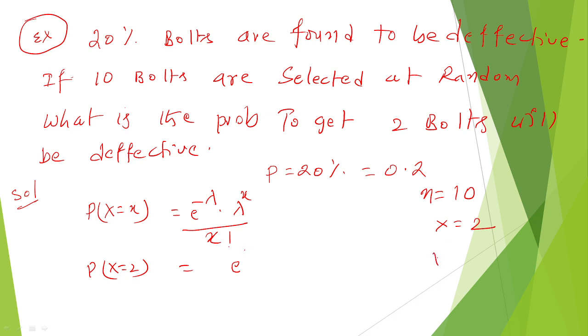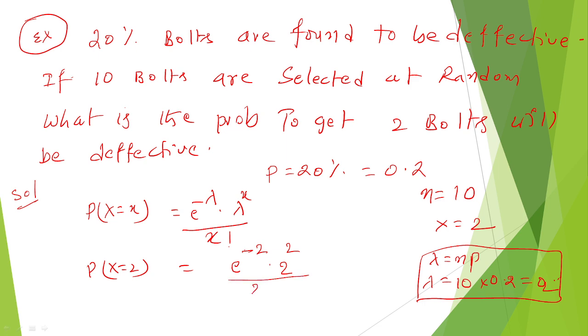Lambda is how much? Lambda is a constant, that is n into p. Out of 10 bolts, the p value is 0.2. So 10 into 0.2 is 2, so lambda is equal to 2. Therefore, with the lambda value found, we have e power minus 2 into lambda power x, 2 power 2, by 2 factorial.